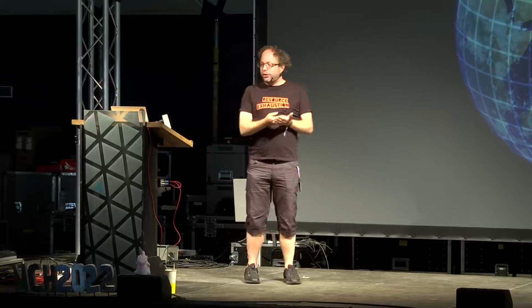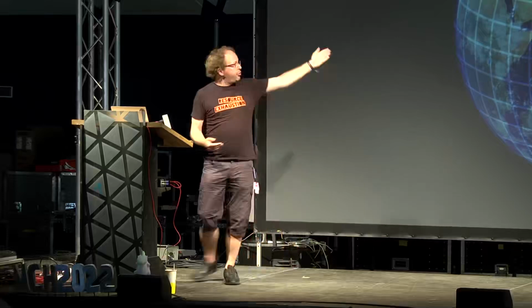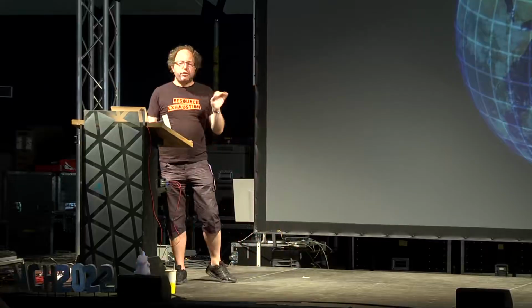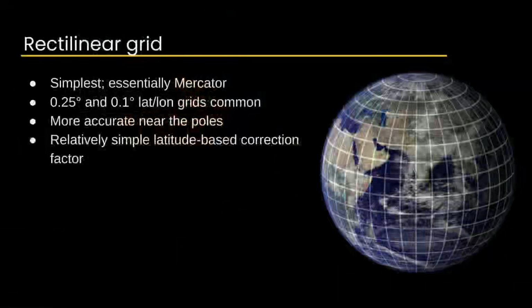We can do that using rectilinear grids like this one, or a dynamical core, and each of these different options has different trade-offs. A rectilinear grid, super basic, is essentially just a Mercator projection, right?